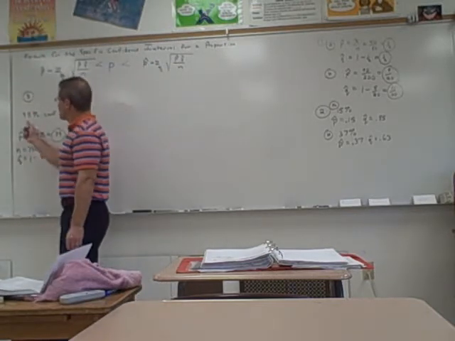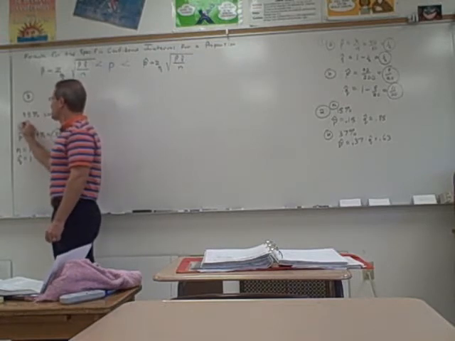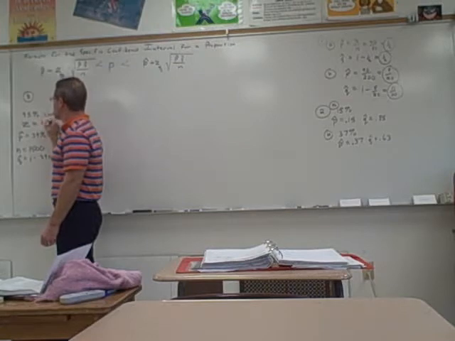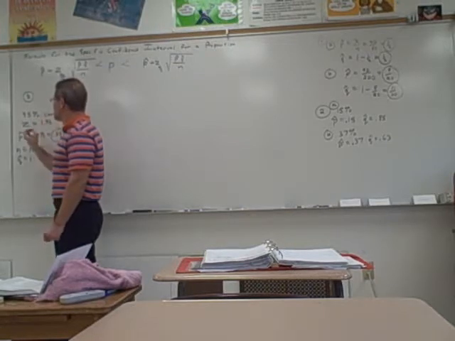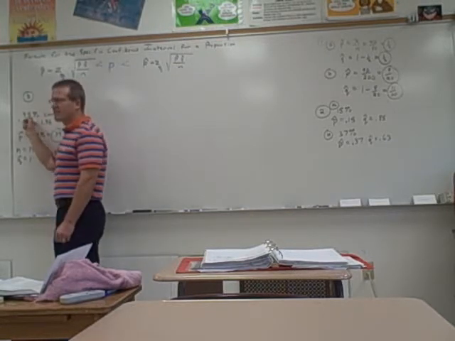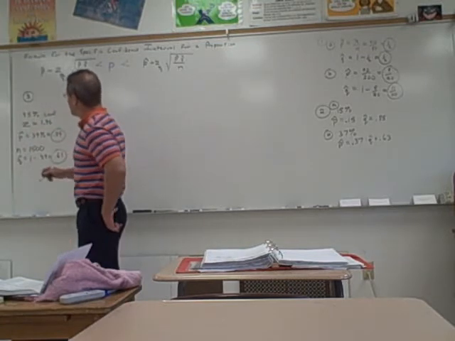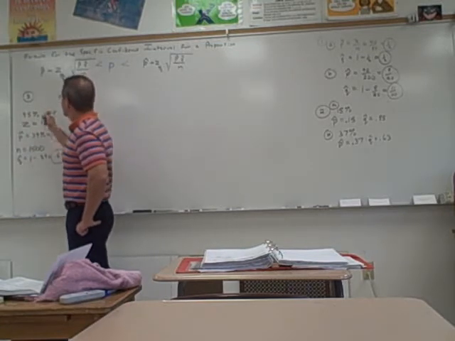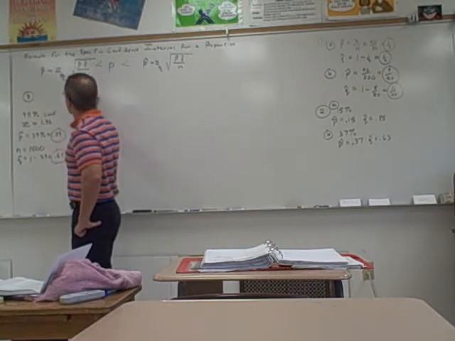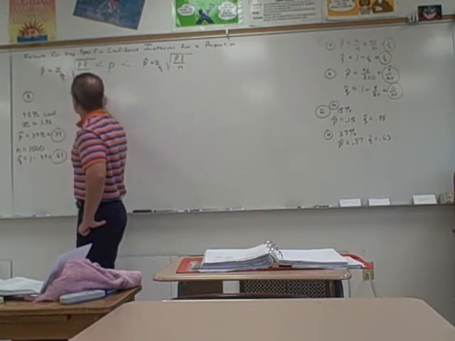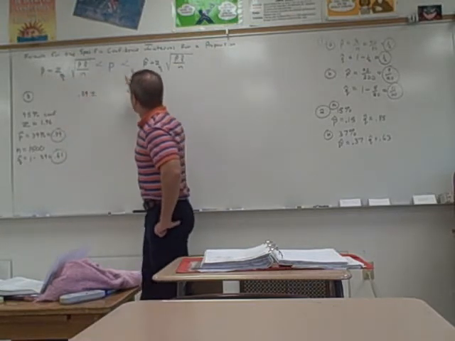So you go to your formula sheet, you look up your z-score, and you get 1.96. That's the z-score for 95% confidence. Now it's just a matter of plugging in the numbers. So p hat is 0.39. Then I'm going to go plus or minus, because it's minus on the left, plus on the right.